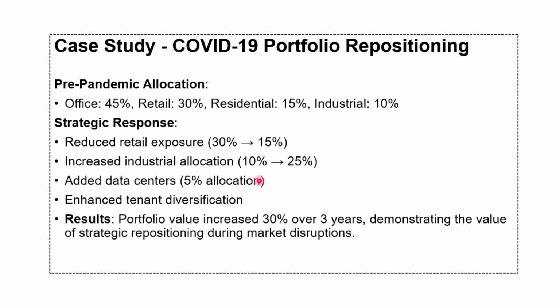Here you should note that it is strategic intervention and not tactical intervention, because COVID-19 was a big event. Many have done this: some have reduced their retail exposure, some have reduced their office exposure, and have increased their exposure towards industrial or warehouses and data centers, which are said to be a long-term trend that is being seen in data centers.